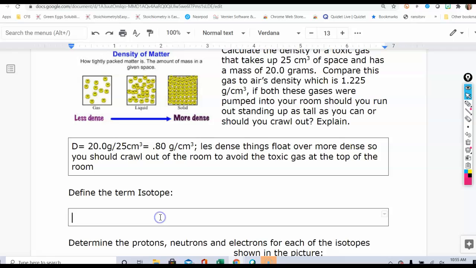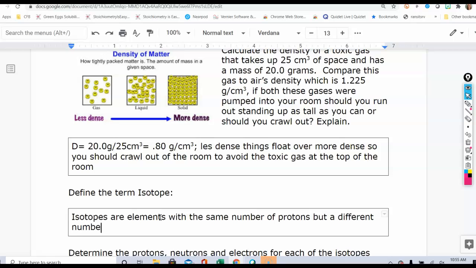Define the term isotope. Isotopes are elements with the same number of protons, but a different number of electrons, causing a different mass number.